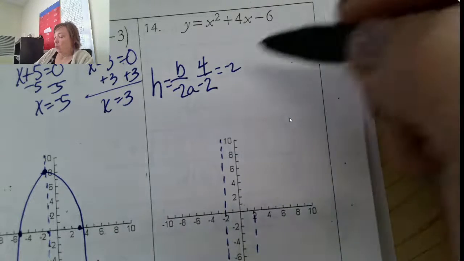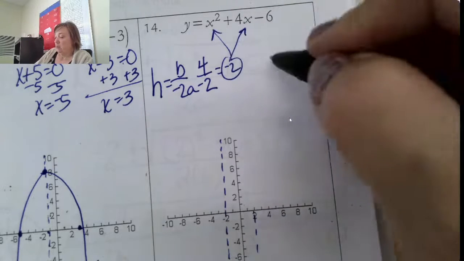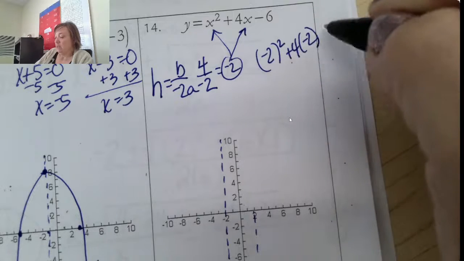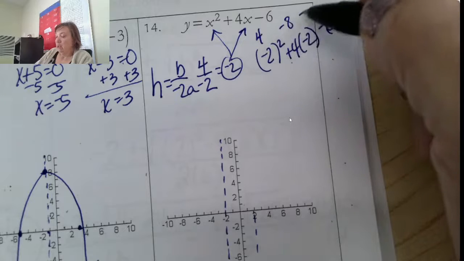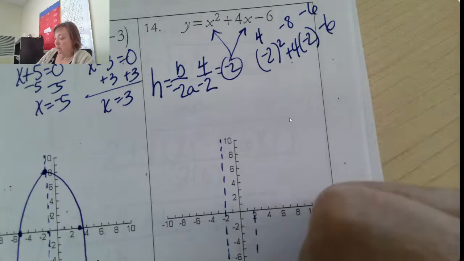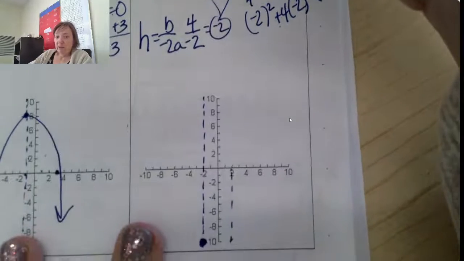And to find out where, we're just going to take that negative 2 and stick it in that equation. So negative 2 squared plus 4 times negative 2 minus 6. So 4, negative 8, negative 6. Negative 10. So this is where our vertex is, way down here.